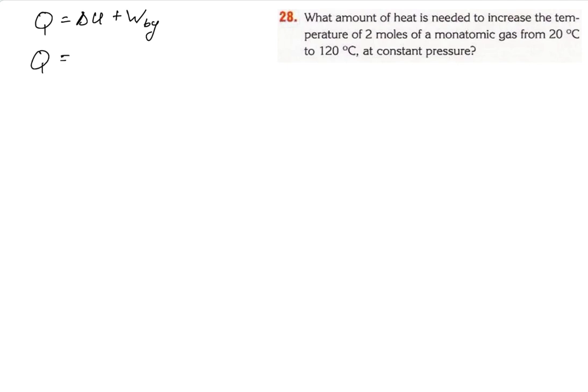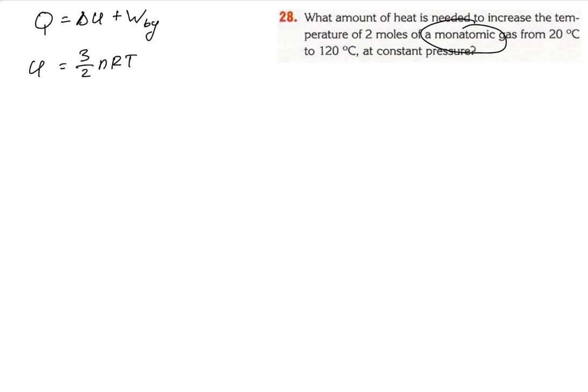So here we have to use 2 additional formulas. It says the gas is monoatomic, that means the internal energy of a monoatomic gas is equal to 3/2 nRT.